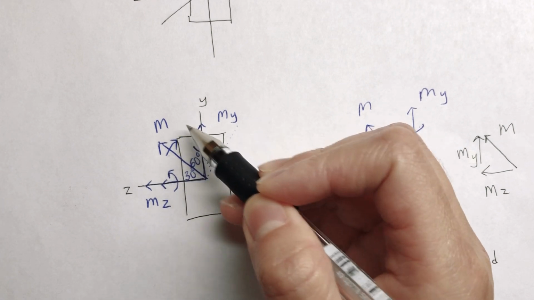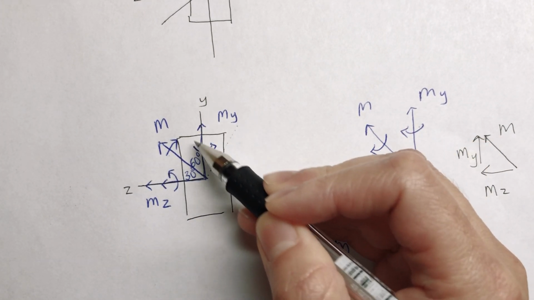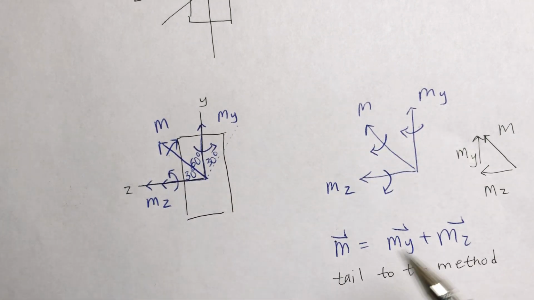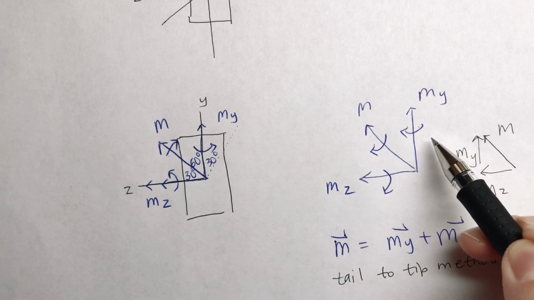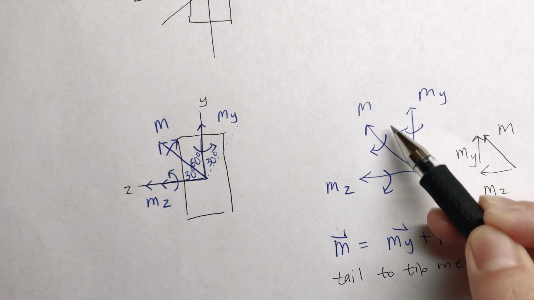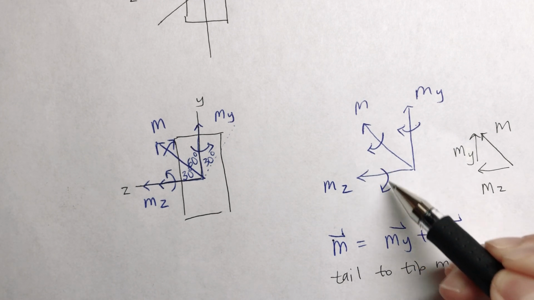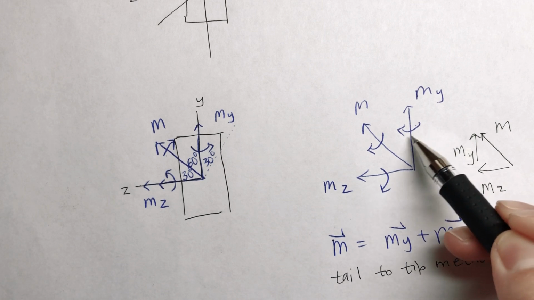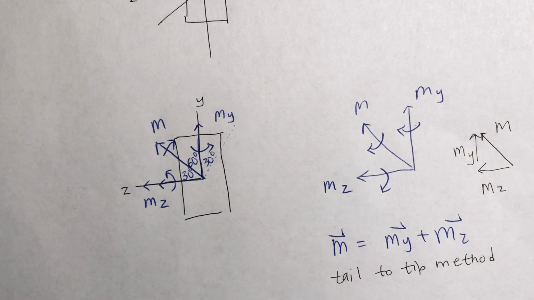So here it's spinning left to right, so you're going to break it up in the same direction, left to right, and here left to right. For example, if the moment was going from right to left, then when you break it up into two components, they will also go from right to left and spin the other direction. So make sure when you split it into two components, the moment spins in the same direction.